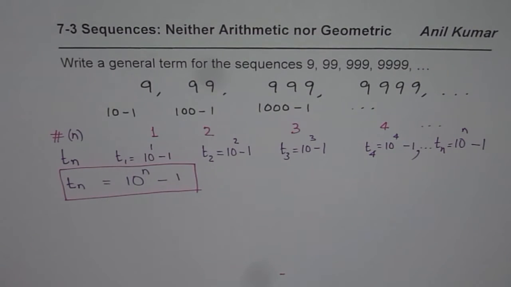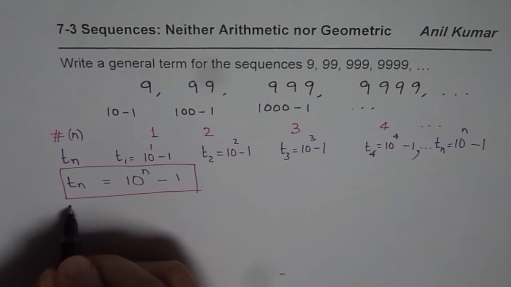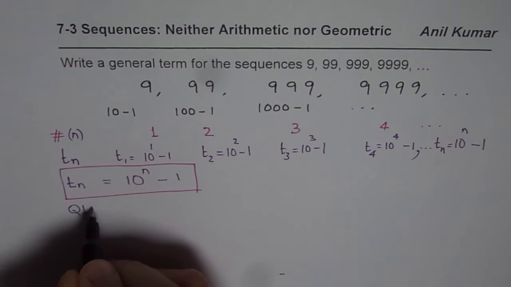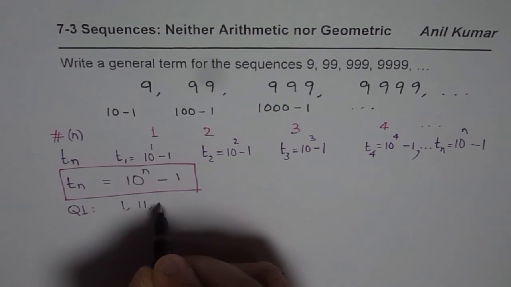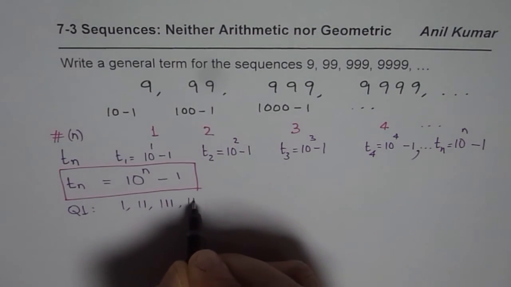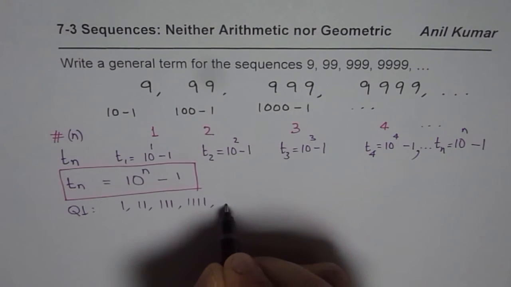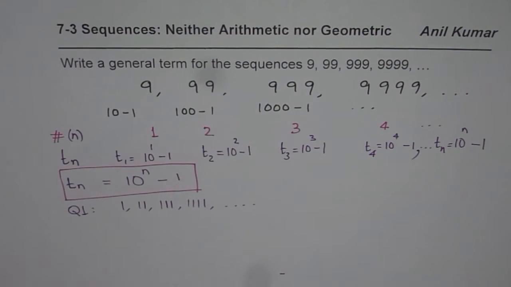Now, let us apply this formula to find the general term for a similar sequence. So that is a test question for you. Test question for you is, let me write down the sequence as 1, 1, 1, like this. Now, can you tell me the general formula for this sequence? Well, let me add one more question to this.